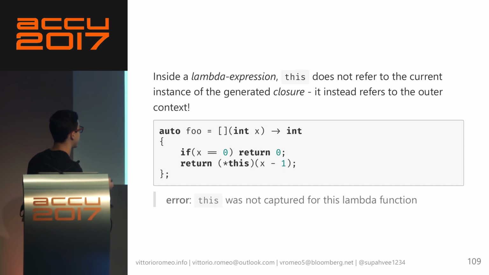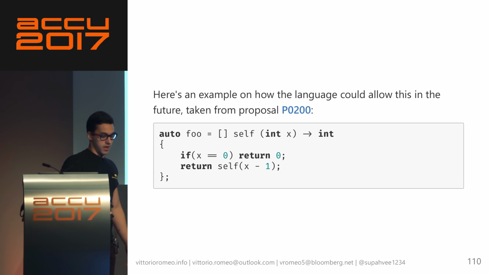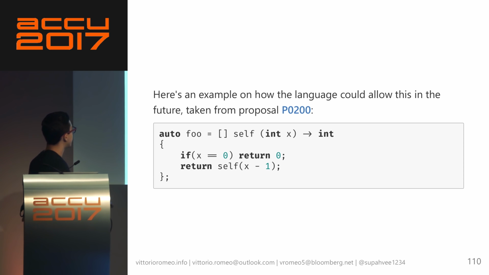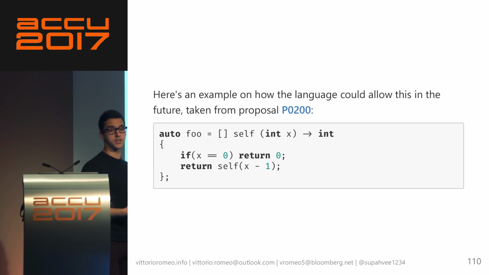So the issue here is that I have no way of saying, please refer to my own closure, to the lambda itself. And there is an example in this proposal here, which unfortunately got rejected, that shows how in the future the language could allow you to refer to the current closure instance.